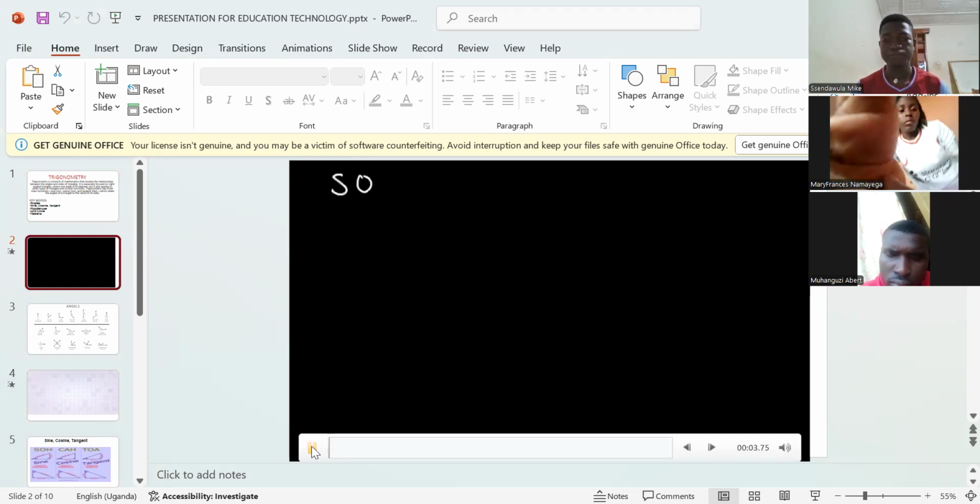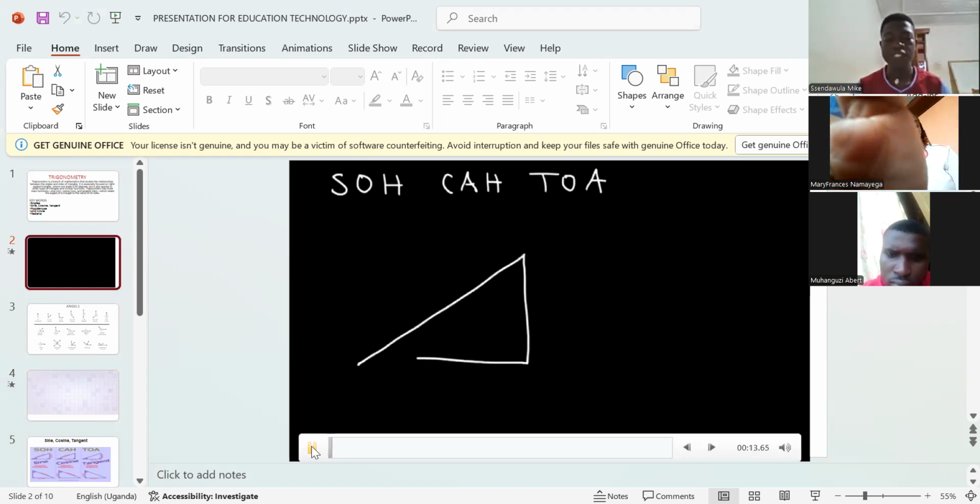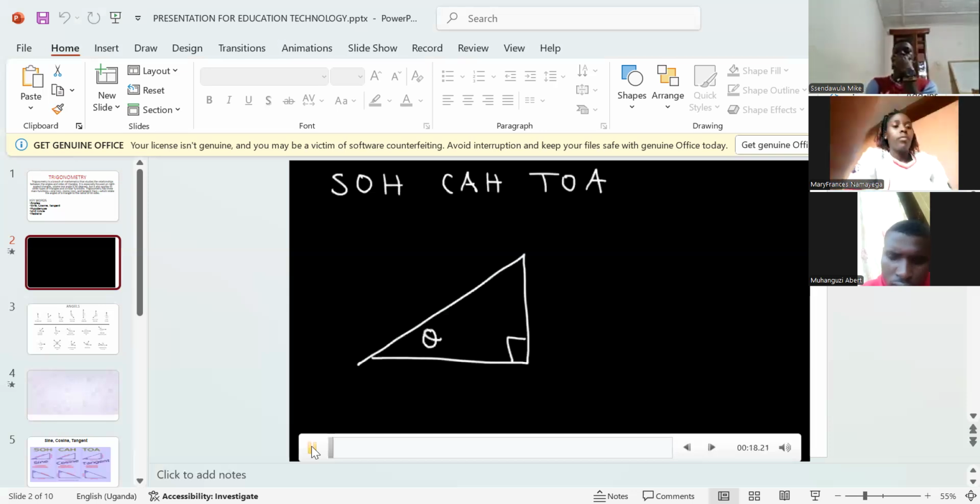Have you ever heard of the expression SOHCAHTOA? What do you think this expression means? In this lesson, we're going to focus on trigonometry. Let's see what it has. If this is the angle theta, now there's three sides of this triangle that you need to be familiar with. Opposite to theta, this is the opposite side. And next to the angle theta is the adjacent side.